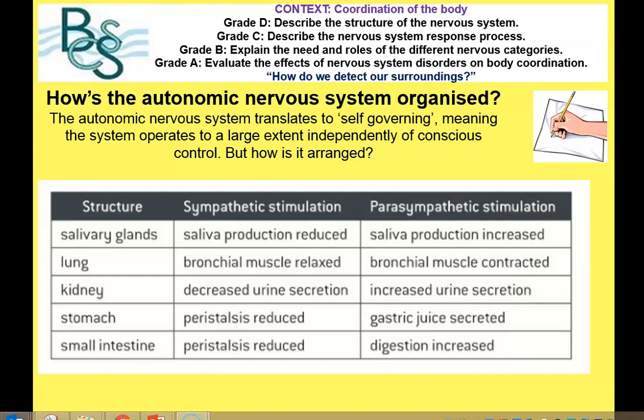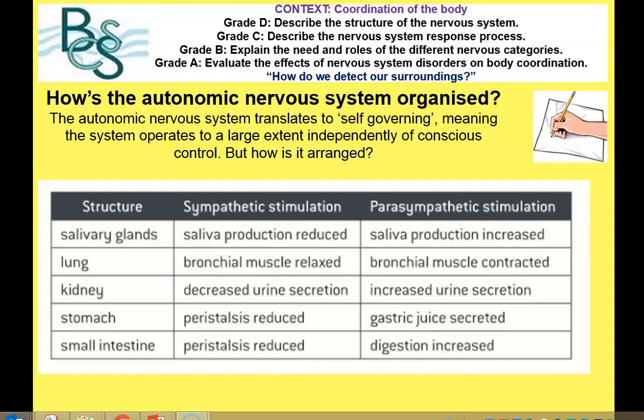So sympathetic, remember, we're looking at fight or flight. So what we're doing there is we're looking at any part of the body that is going to cause an increase in respiration, because fight or flight is all about creating energy, creating ATP, so that you can either fight or you can run away. So saliva is going to be reduced. You don't need to be doing that.